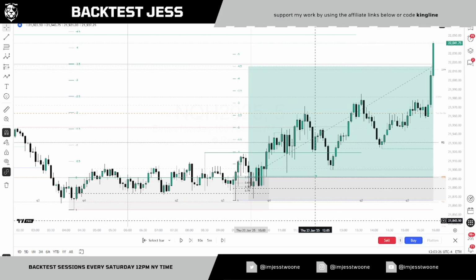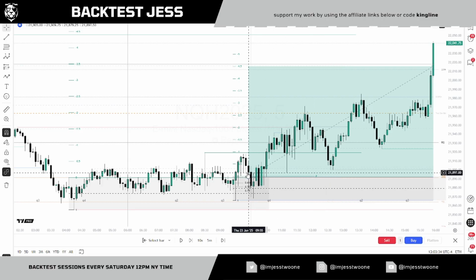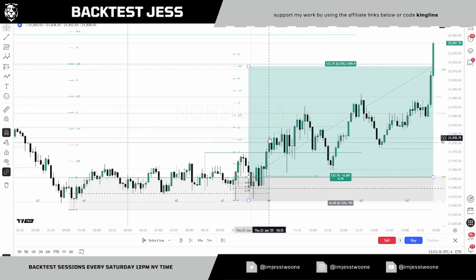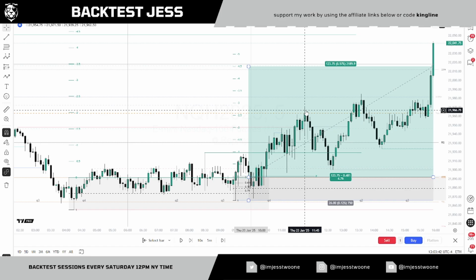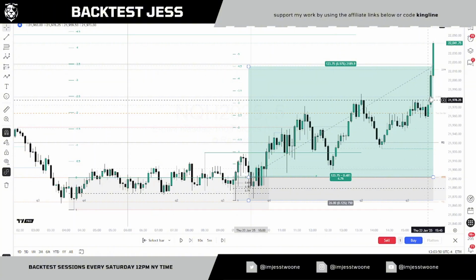Alright, so first one, 0.5 to 4.5. This is 4.76R. And 0.5 led to 1.5. Well, no, 2.5 and deep retracement. None of them broke the lows.